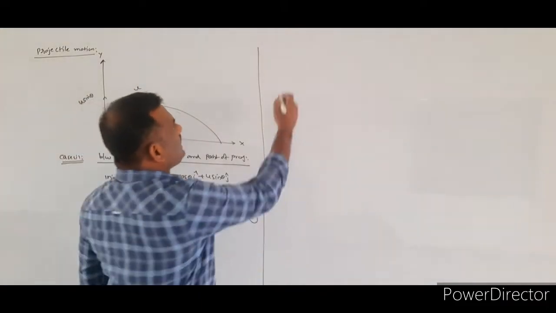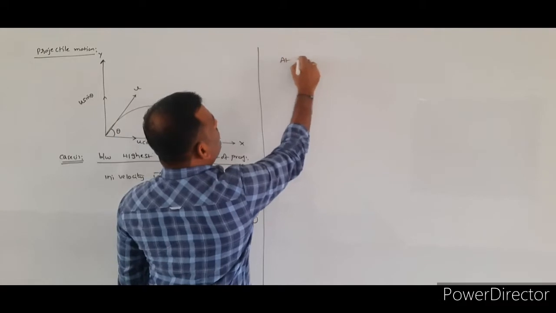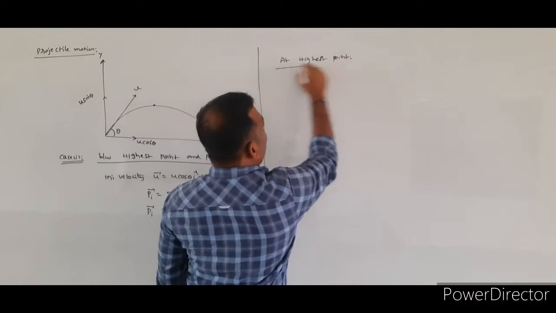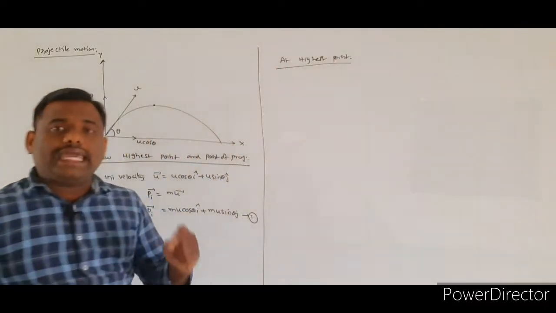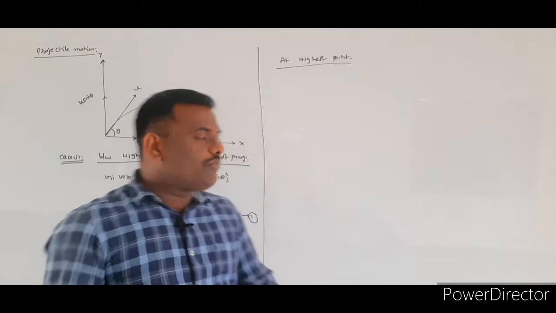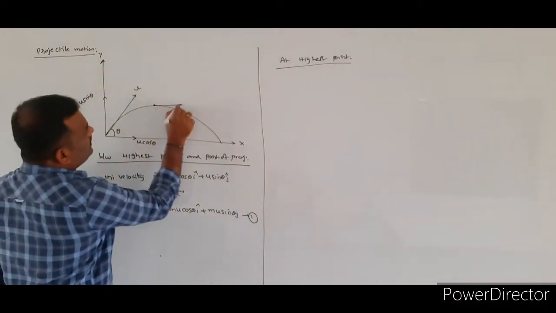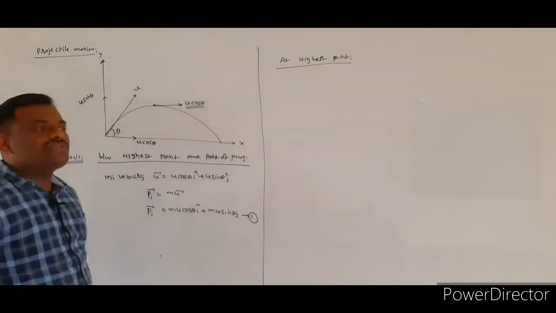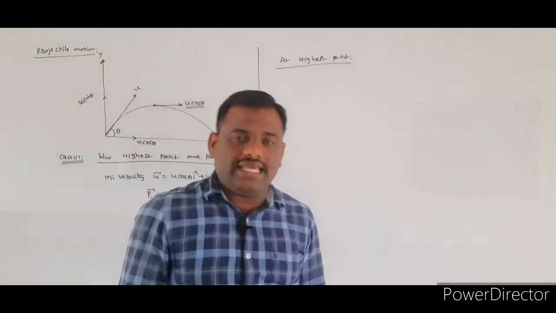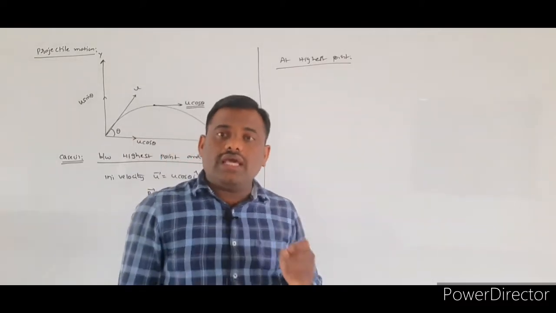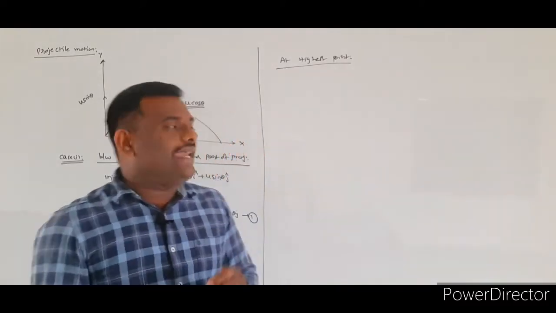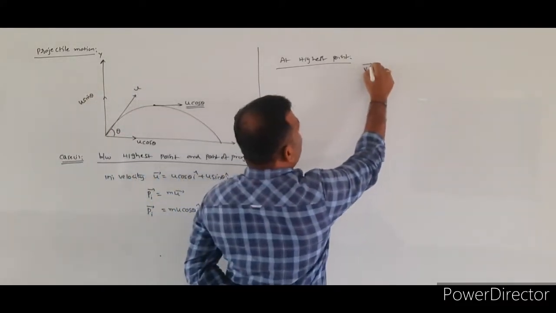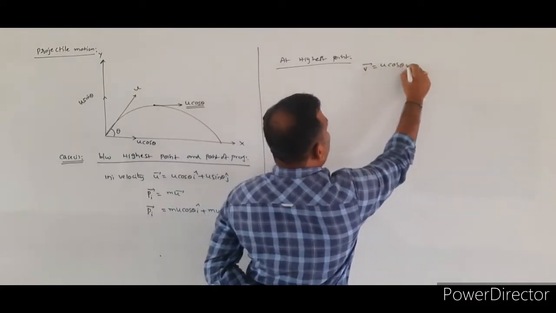Now, I want to calculate the momentum at the highest point. Already you know that in projectile motion, at the highest point the velocity is given by u cos theta only. There is no vertical component of velocity at the highest point, so only the horizontal component exists. So the velocity vector at the highest point is u cos theta i cap.